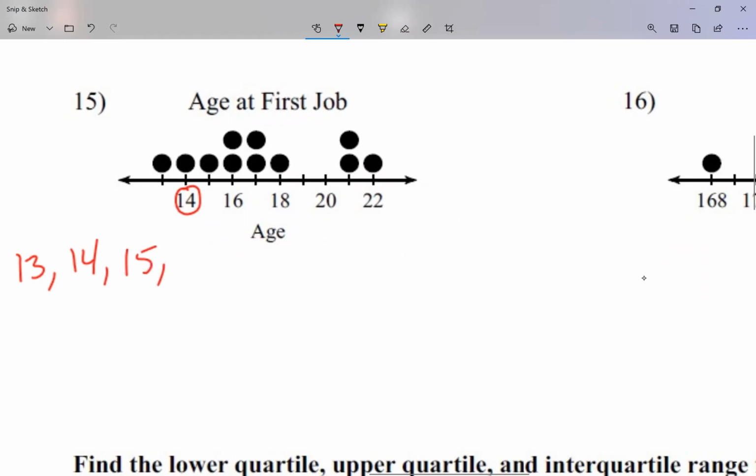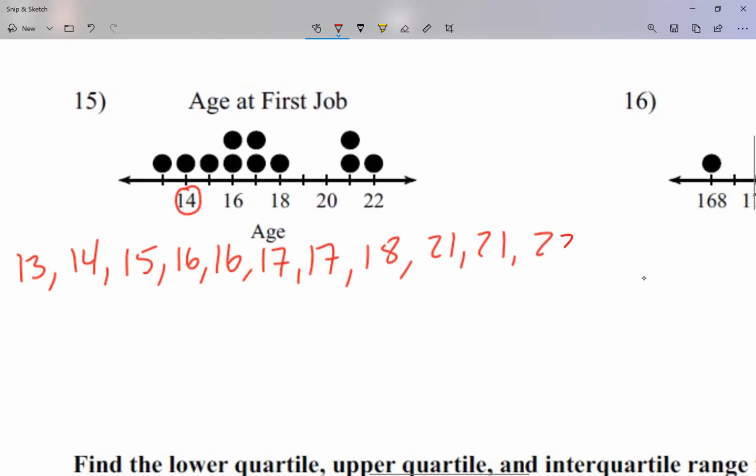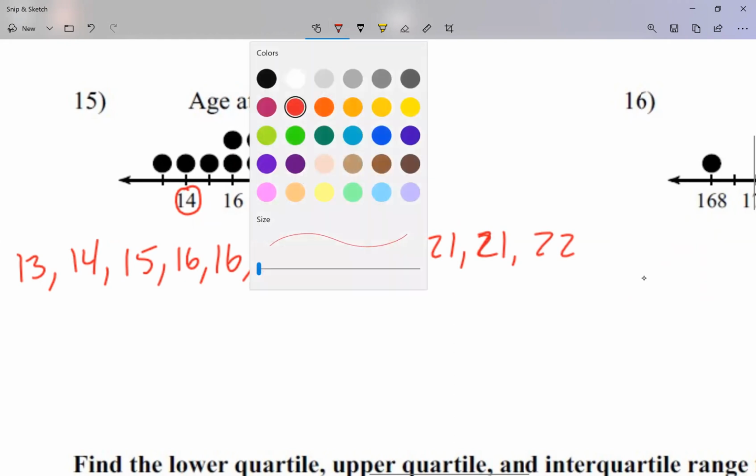When it comes to 16, I have two of them. When it comes to 17, I have two dots as well. Remember, each dot represents a number. Then I have 18. And then my next is 21, 21, and 22. Go from small to large.